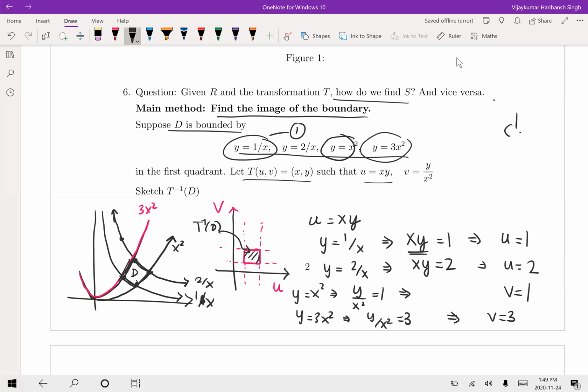If we have to integrate, instead of these limits of integration, we have better looking limits of integration. We'll explore that in a moment.